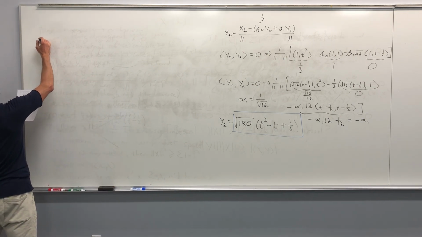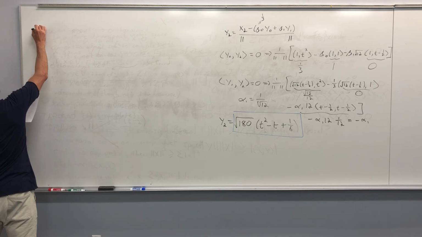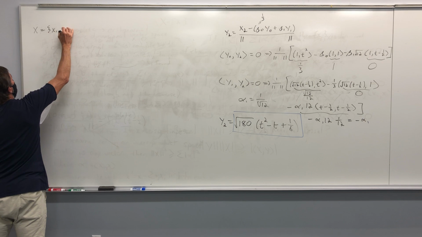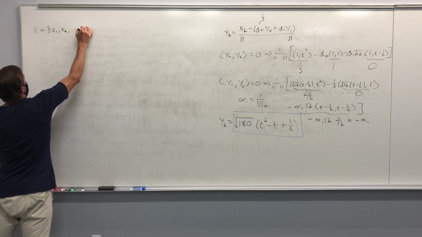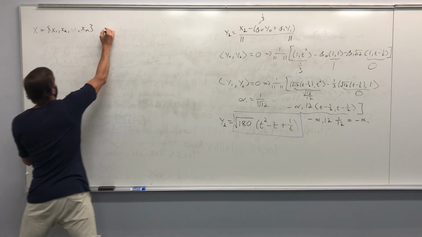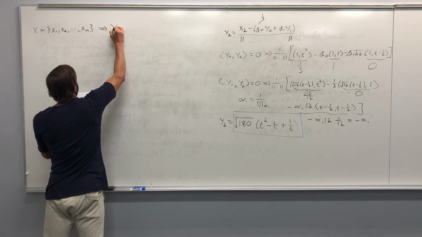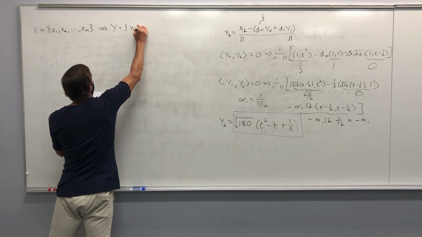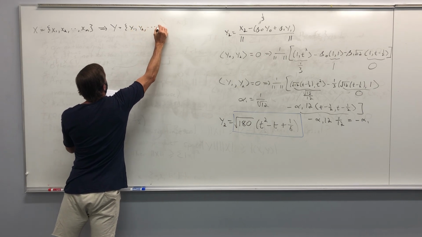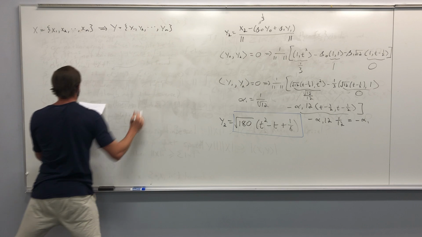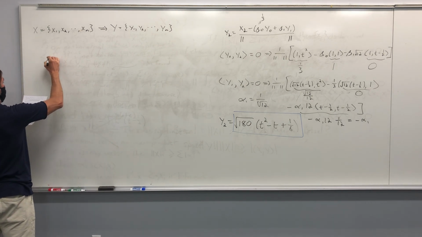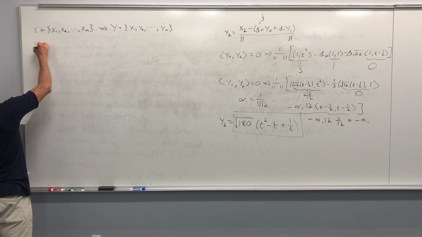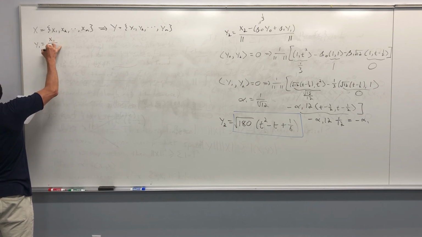So in general, what we can say is, if I start with x, and then I'm interested in forming the orthonormal basis from it, then starting with the first one, y1 is x1 over the magnitude of x1.